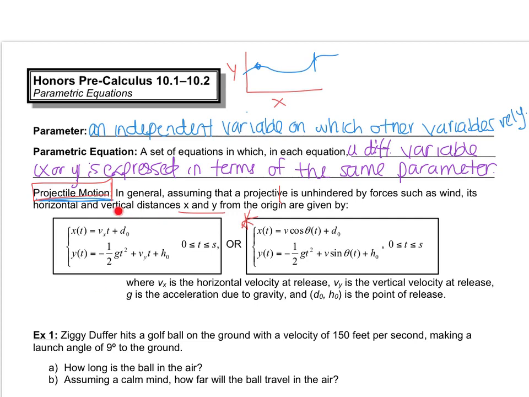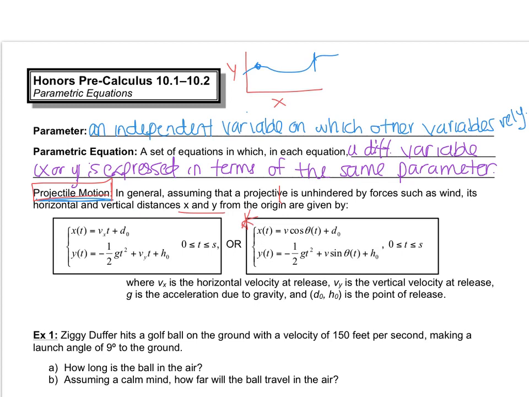This set of equations would be useful if you look at it. So if I want to know x in terms of time, meaning horizontal distance, then I would need the horizontal velocity. That's what v stands for. Time, that's what t is, and d naught, or d sub 0, represents an initial horizontal distance.